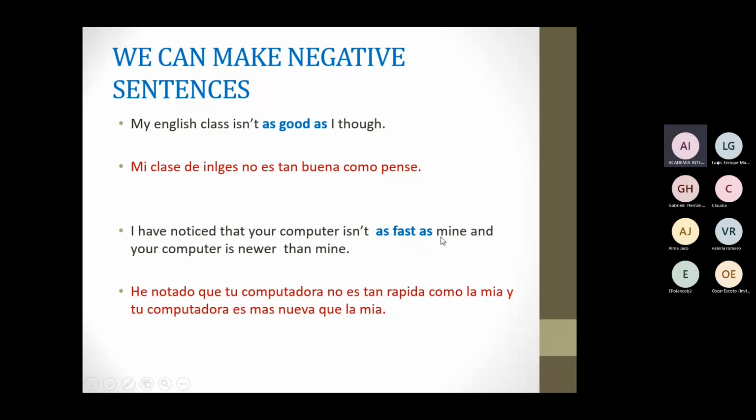No es tan rápida como la mía. And your computer is newer than mine. Y tu computadora es más nueva que la mía. Y a pesar de que es más nueva, ¿verdad? He notado que your computer isn't as fast as mine. No es tan rápida como la mía. Estoy comparando algo, ¿verdad? Pero aquí está la negación. La negación cambia prácticamente todo.